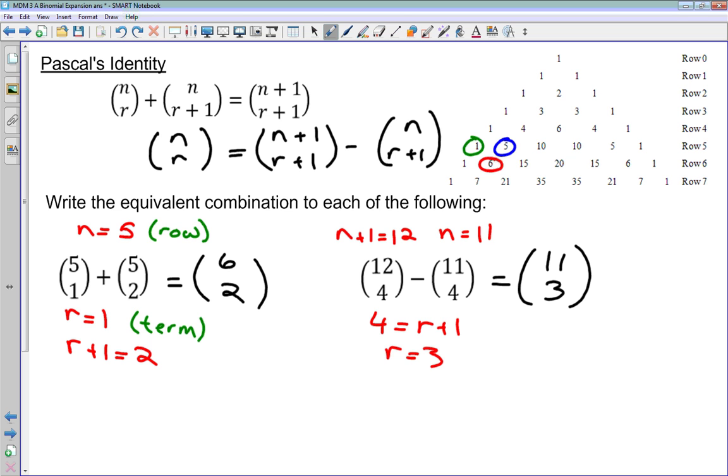In other words, 1 plus 5 equals 6, which is just the way that we generated these numbers in Pascal's triangle. We got this 6 by adding the 1 and the 5 together. So Pascal's identity is really just the mathematical way that we generated Pascal's triangle. They express this in terms of combinations because there is a connection between combinations and the rows and elements in Pascal's triangle, and we're going to look at that in the next lesson.